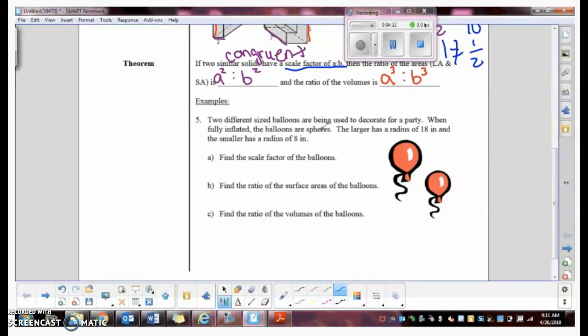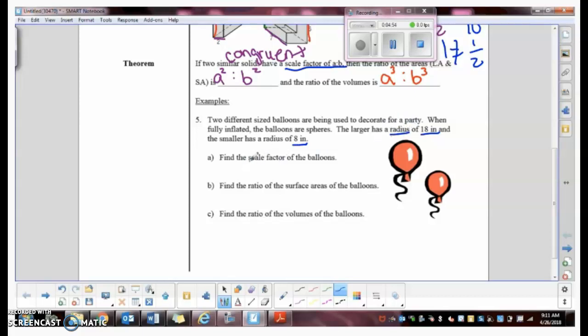We have two different balloons that we use to decorate the party, and they're spheres when you blow them up. The bigger one has a radius of 18 inches, and the smaller has a radius of 8 inches. Let's take a look at the scale factor for our radii.